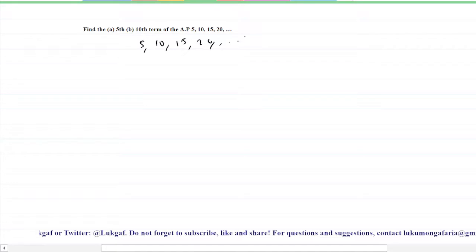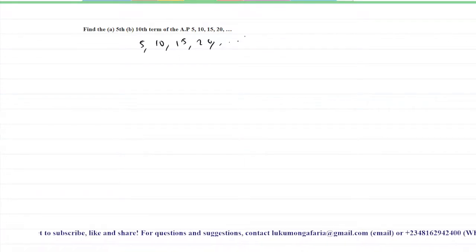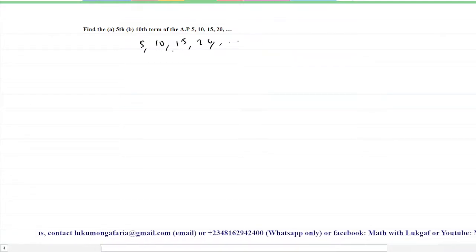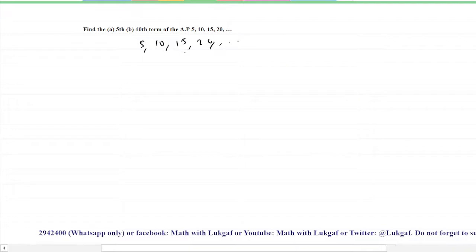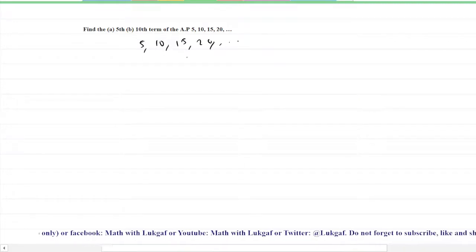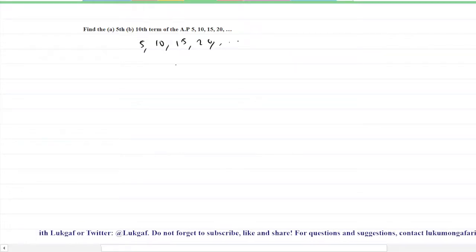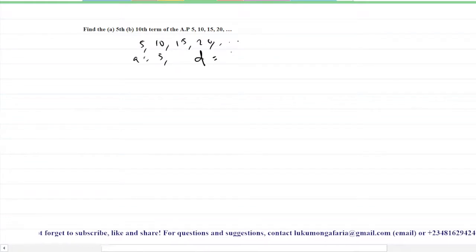If you check this very well, you notice it's also an AP. Since we've been told it is an AP, then we know we can find our common difference, which is a constant term. So don't forget, your common difference is obtained by subtracting the subsequent terms from each other, that is T2 minus T1, T3 minus T2. You understand now? So it means my A here, that is the first term, is 5. So then your common difference is also 5.